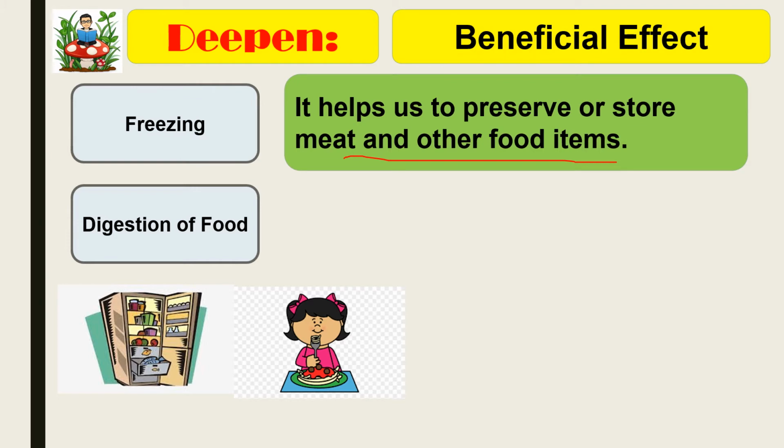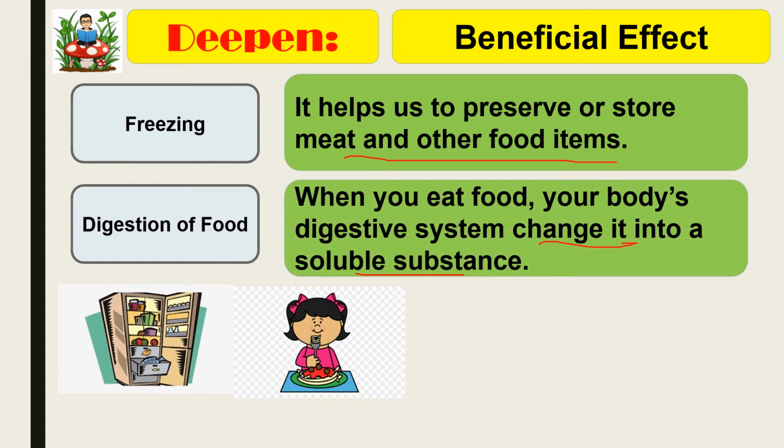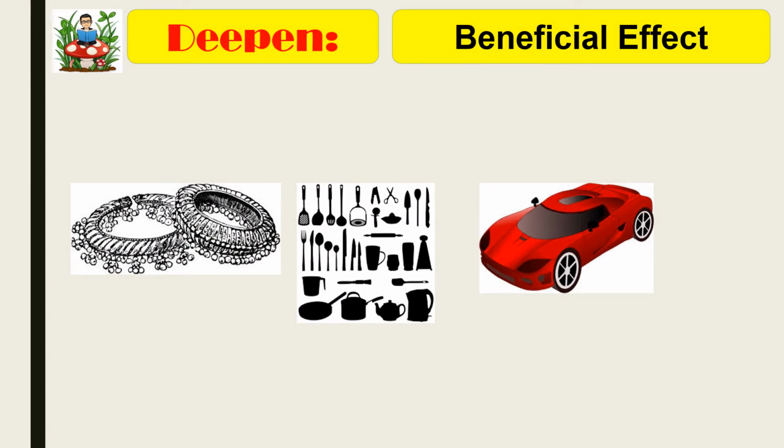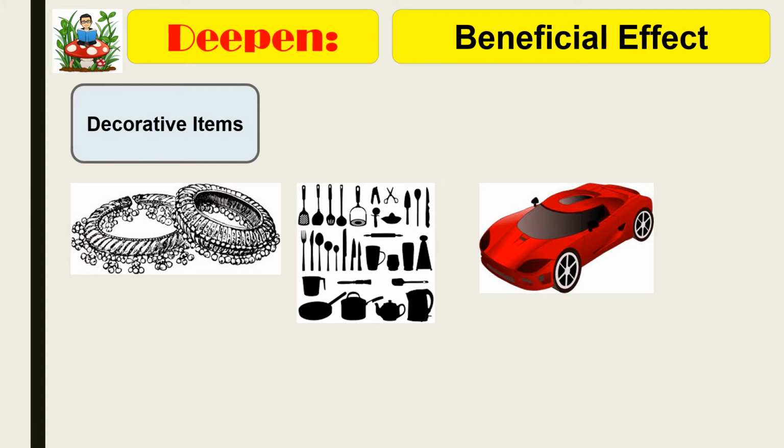In chemical change, there is a benefit: when you eat food, your body's digestive system changes it into soluble substances. Then your decorative items, wherein you mold something, like a necklace or kitchenware.